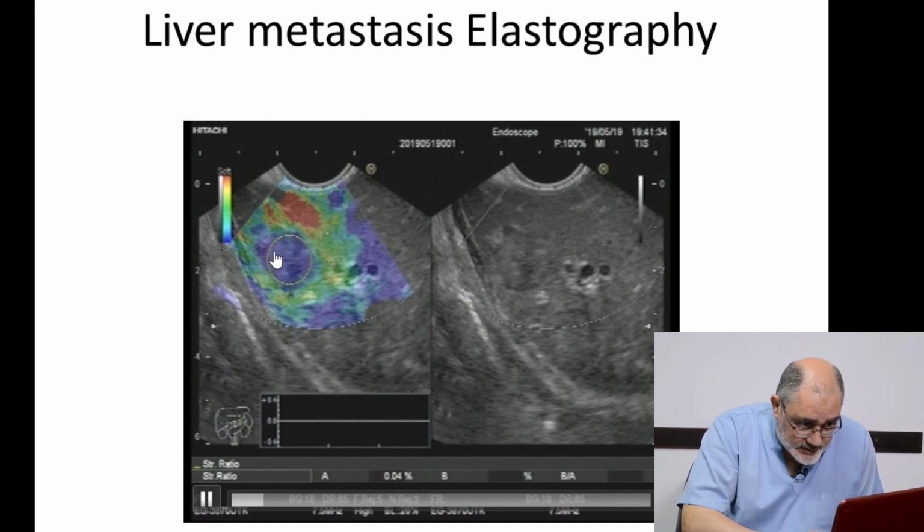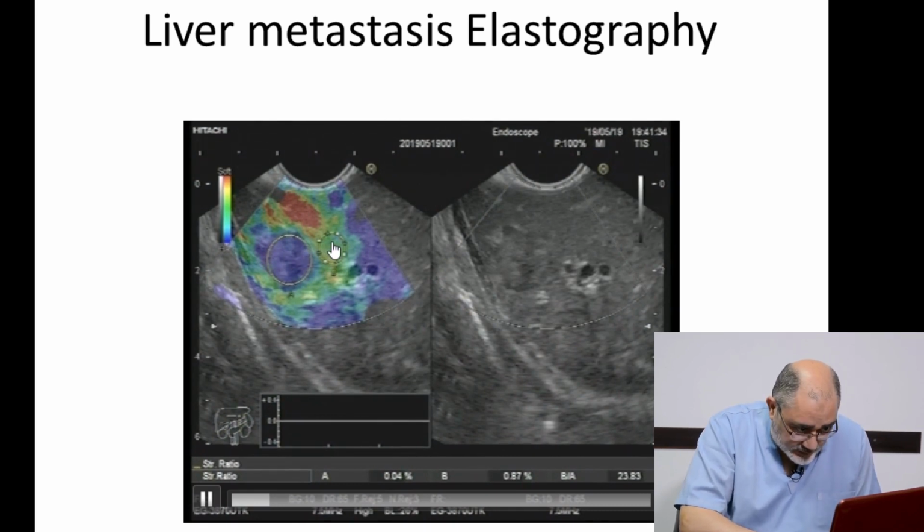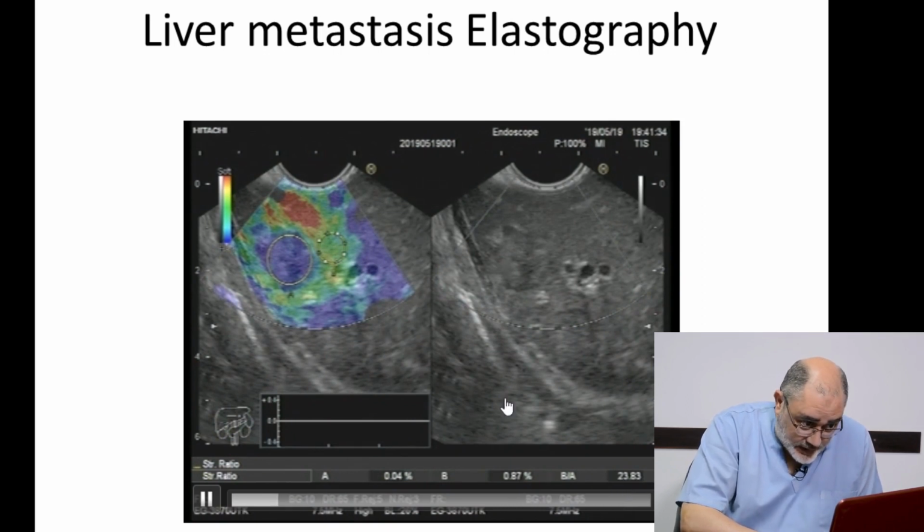So this circle measures the elasticity of the mass, which is not elastic, it is hard, and comparing it with the soft liver, the difference is 23, which is a very high strain ratio. This is the strain ratio. Very high means that it is a hard mass favoring the diagnosis of serious, solid, malignant mass. And thanks for your attention.